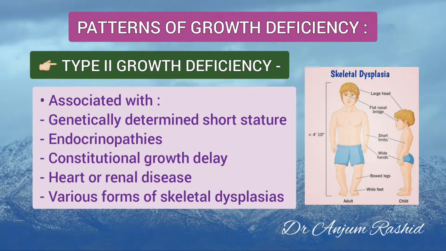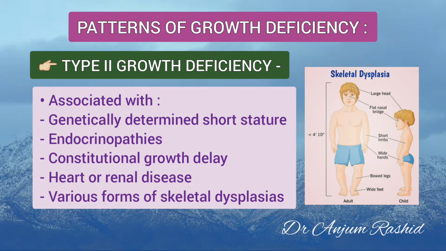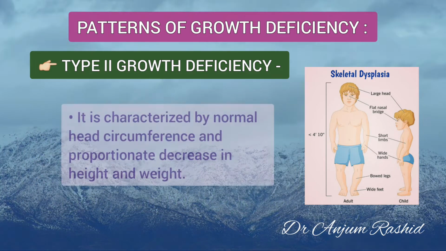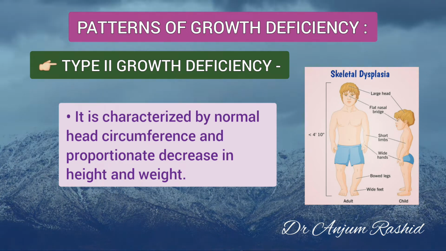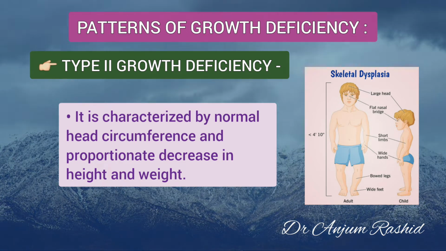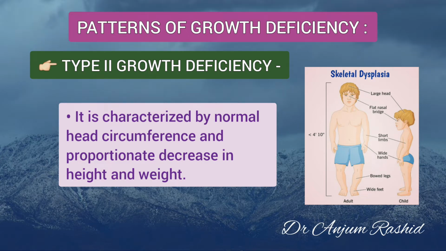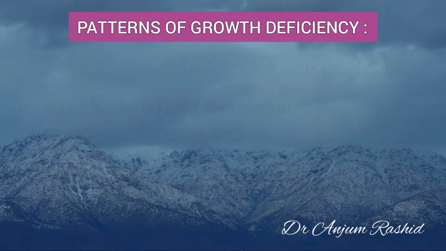Second is type 2 growth deficiency. This is associated with genetically determined short stature, endocrinopathies, constitutional growth delay, heart or renal diseases, or various forms of skeletal dysplasia. Now, type 2 growth deficiency is characterized by normal head circumference and proportionate decrease in the height and weight.